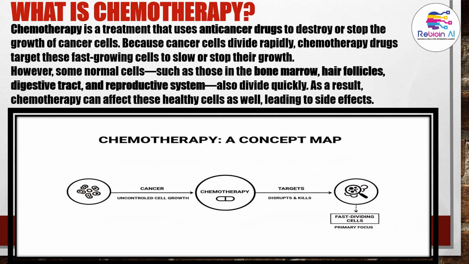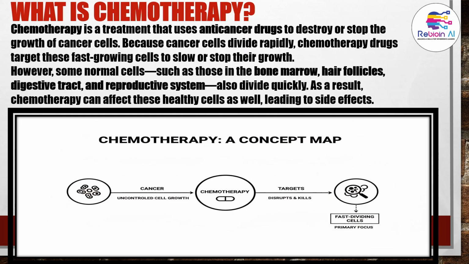Chemotherapy drugs travel through the bloodstream, allowing them to reach cancer cells throughout the body. This makes chemotherapy especially useful for treating cancers that have spread beyond their original location. Chemotherapy cannot always distinguish between cancer cells and some healthy cells. They also divide rapidly.